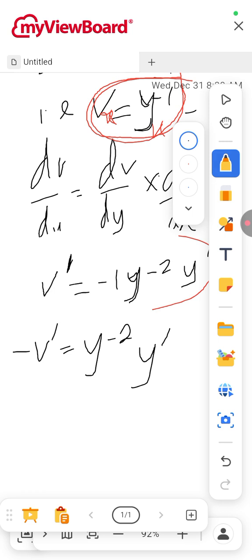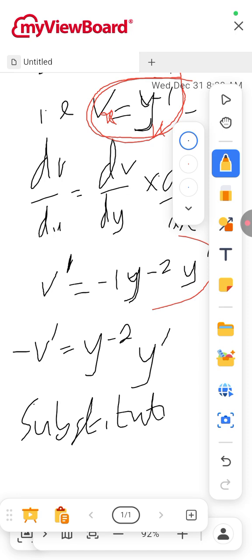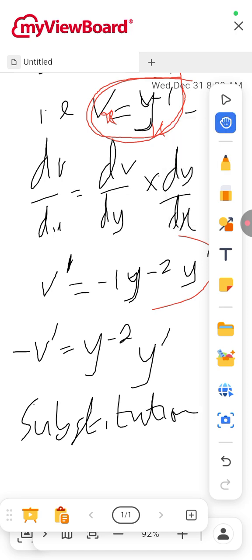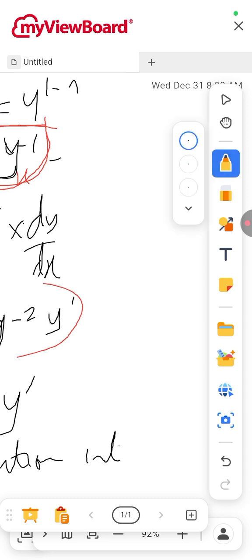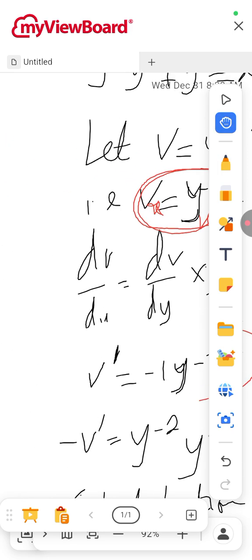So doing that substitution now, substitution into the what? Into the asterisk equation. So what will I have?